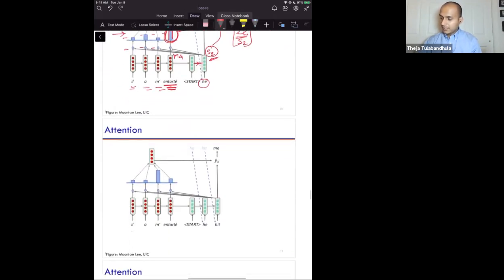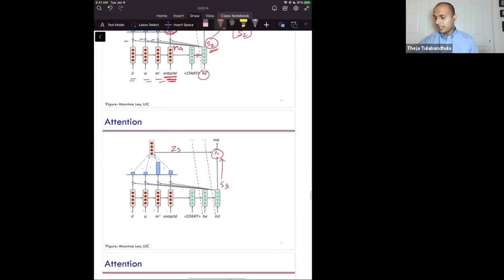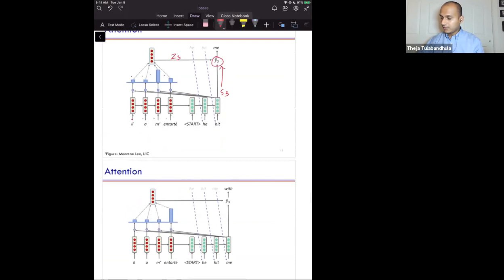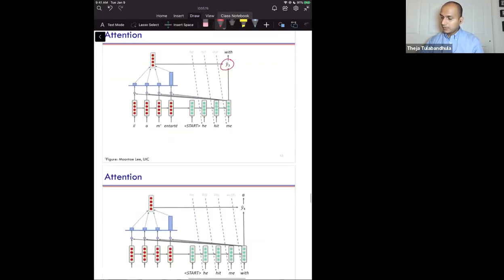So similarly, you can repeat the same thing. For S3, previously it used to be S3 directly producing, with let's say a simple feed forward network, a distribution over the vocab. Instead of that, now you concatenate Z3, which is the average of weights times these hidden vectors. And then do the transformation to produce this third output, and similarly the fourth output, and so on.